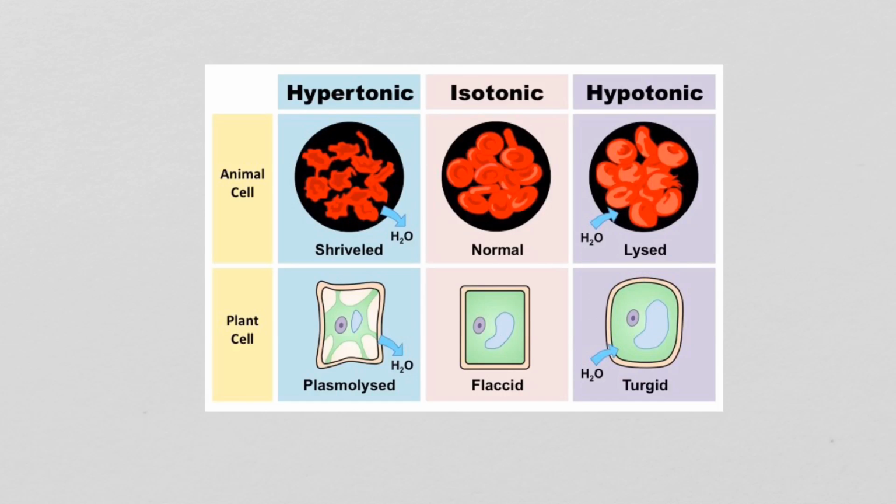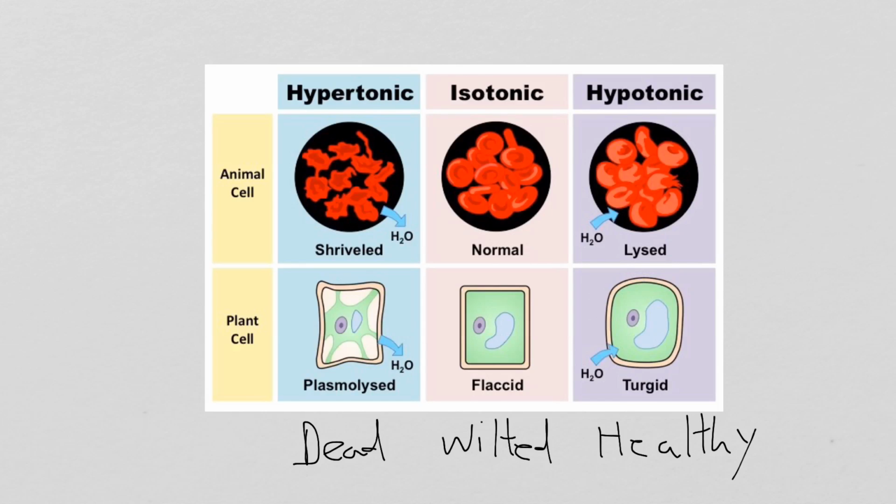So, just a quick little review on that: in a hypertonic, you're pretty much dead. In an isotonic, you'd be wilted. And then in a hypotonic, this would be a normal, healthy, rigid, plump, firm plant.